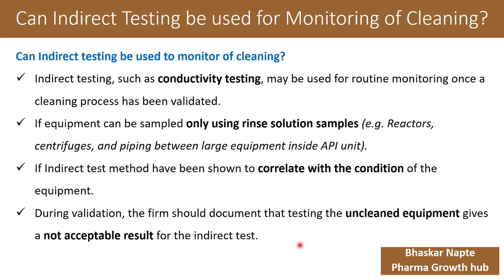You again test the same sample one more time by using indirect test. Now what is the expected result over here? Your result should not meet the specification and if you can get such kind of correlation for uncleaned equipment, then you can say that okay, my indirect test procedure actually correlates with the condition of the equipment.